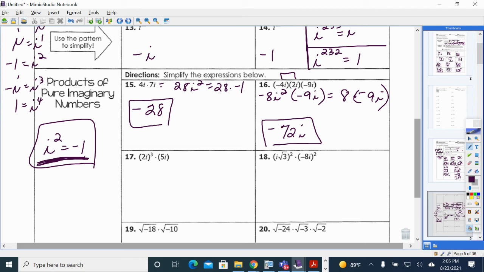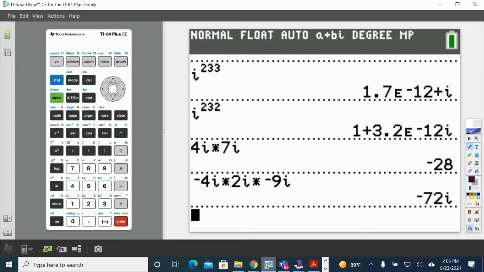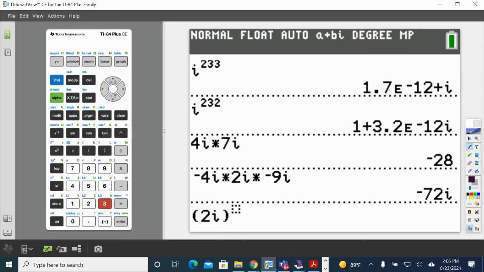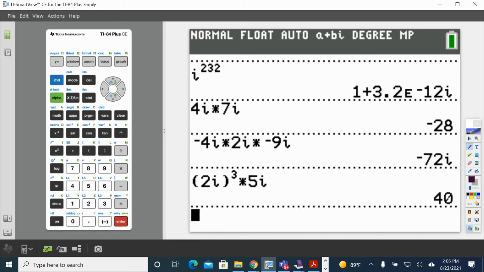17 and 18, again, in the calculator. On number 17, I have 2i cubed times 5i. 2i cubed times 5i is positive 40.